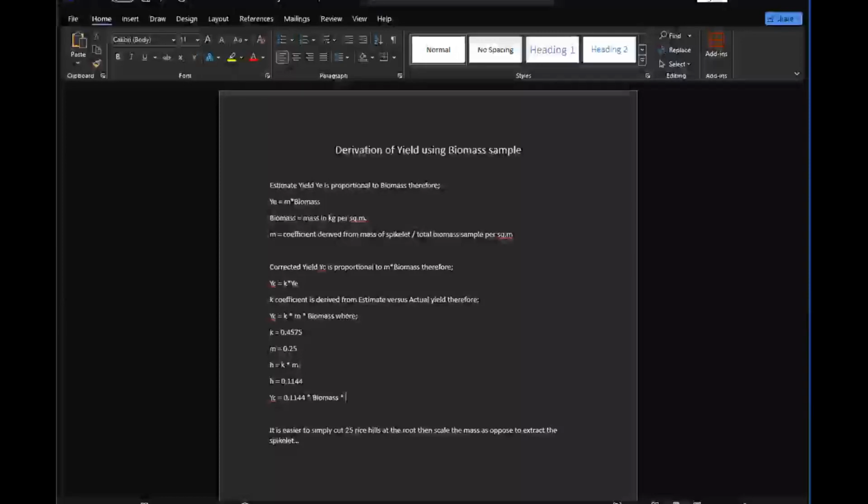It's area. Okay, so area is your hectare.